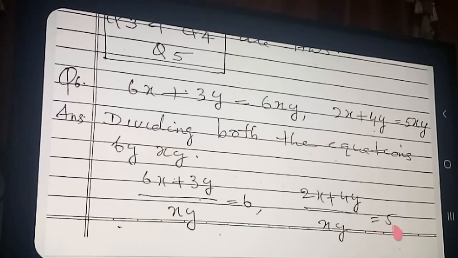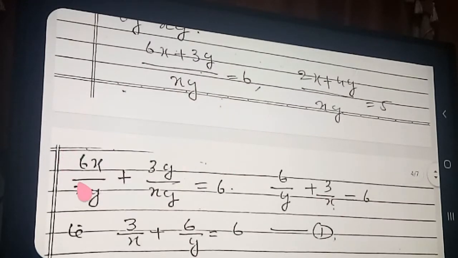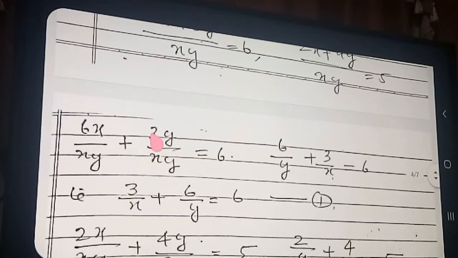Here 5xy by xy means xy will cancel, you will get 5. Now each term you divide: 6x by xy and 3y by xy. So here x will cancel, you will get 6 by y. Here y will cancel, you will get 3 by x is equal to 6. Therefore write in the order 3 by x plus 6 by y is equal to 6.